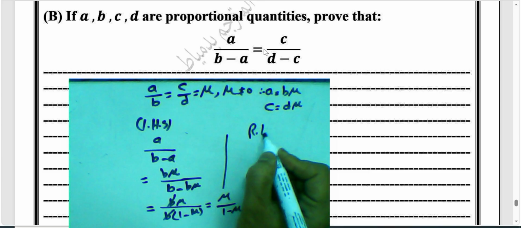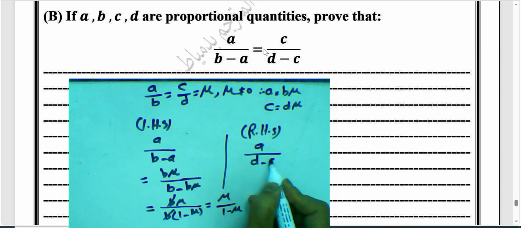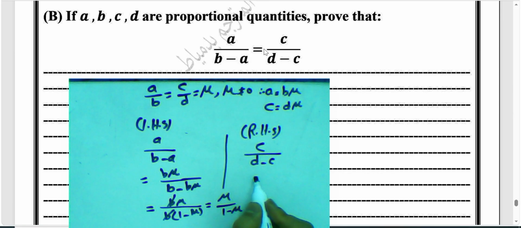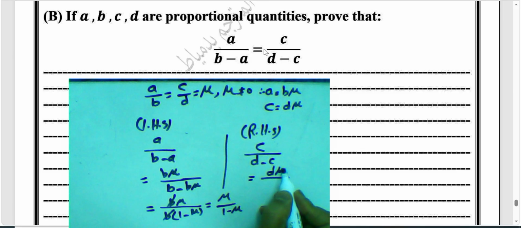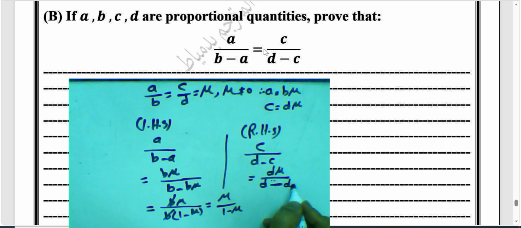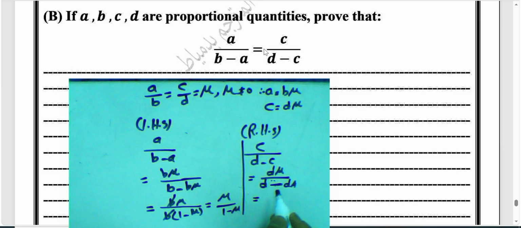On the right hand side also the same step. We have c over d minus c, with the value of c was dm, over d minus dm. Take d as a common factor, then the remainder will be 1 minus m.